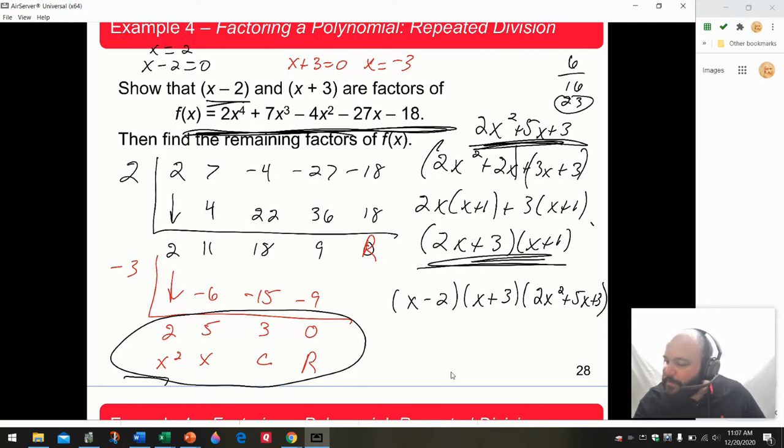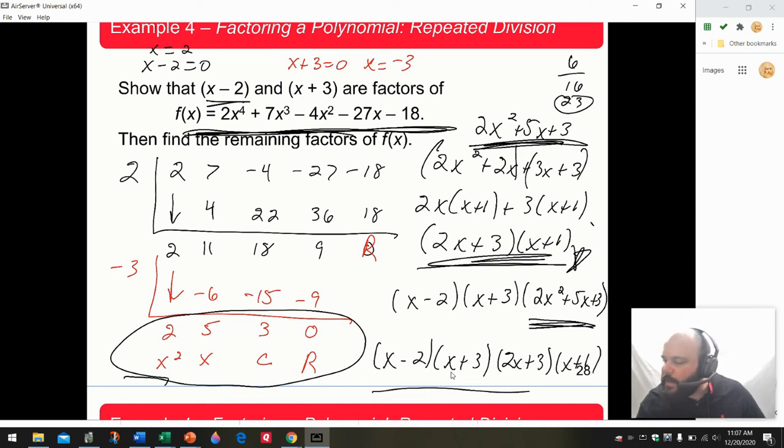So now the final linear factorization of our original polynomial, remember, this broke down into this right here. So we're going to write 2x plus 3 and then x plus 1. This right here is the linear factorization of this original polynomial. And it's broken down into 4 linear terms because it's a fourth degree polynomial.